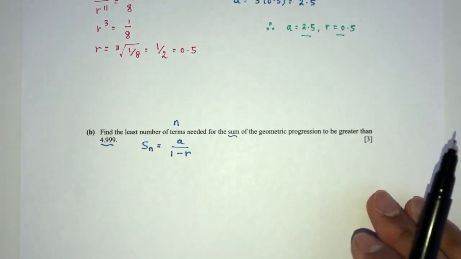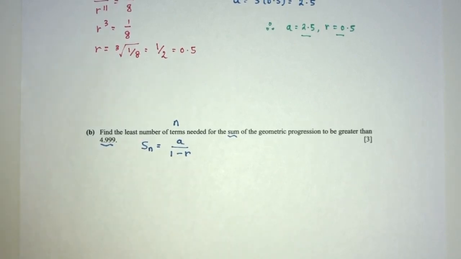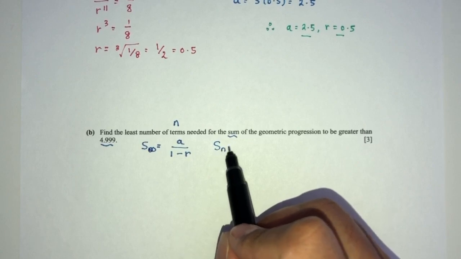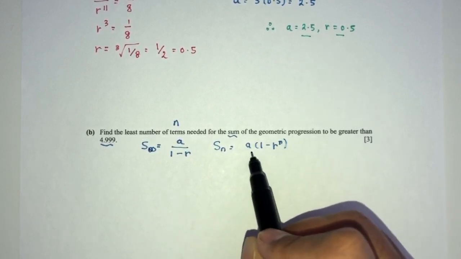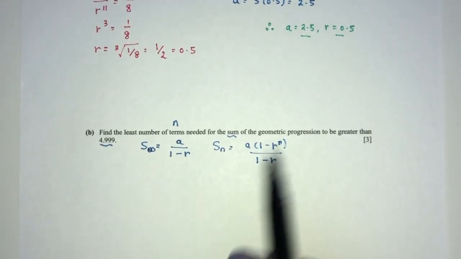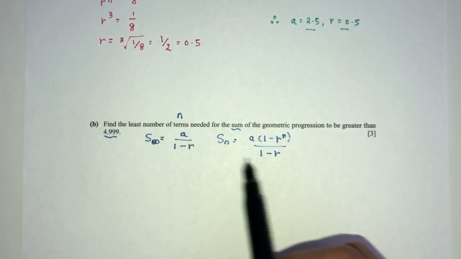Now, one thing we can do first, no, this is the sum to infinity, I apologize. This is the sum to infinity, but what is the sum of the first n terms? It is also given to you, 1 minus this over n, 1 minus this. Okay, cool.